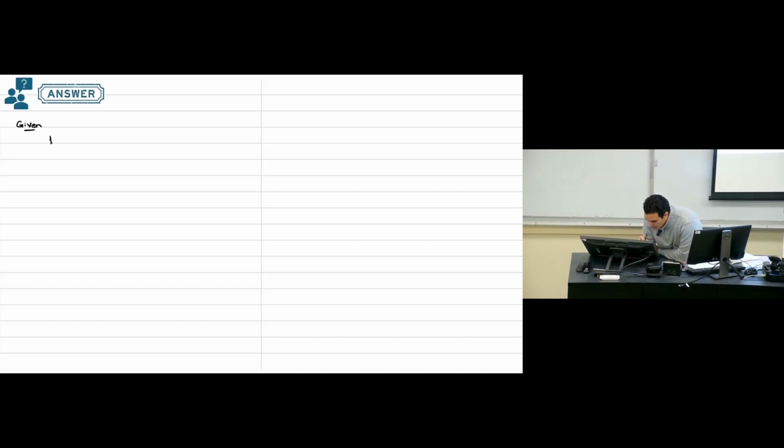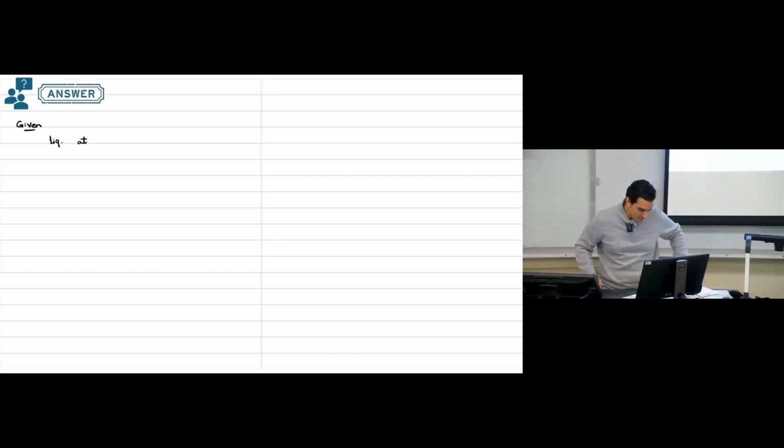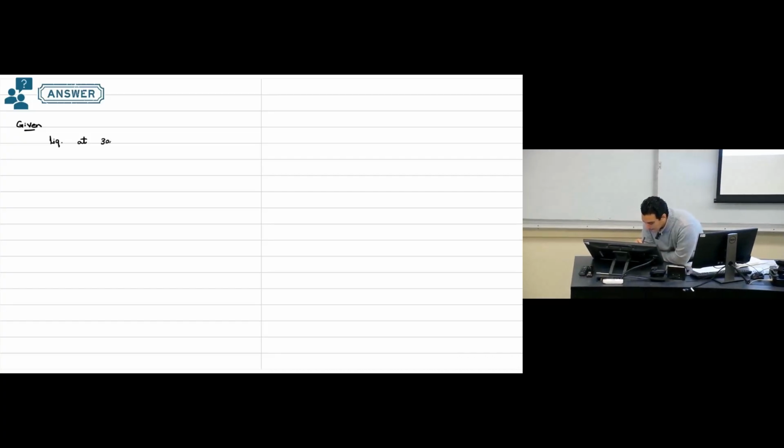So we have liquid. This liquid at, I forget the condition. Okay, 300 Kelvin and 100 kilopascal. At this condition, molar Gibbs free energy for liquid is zero.